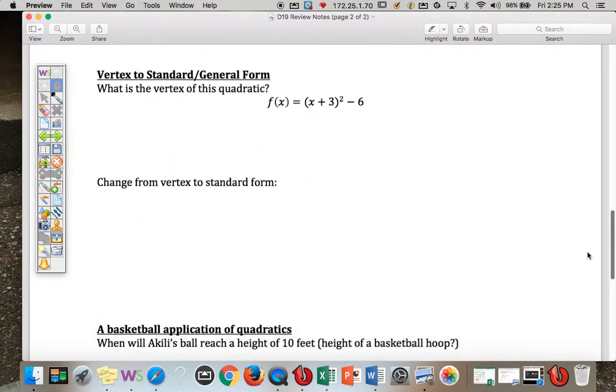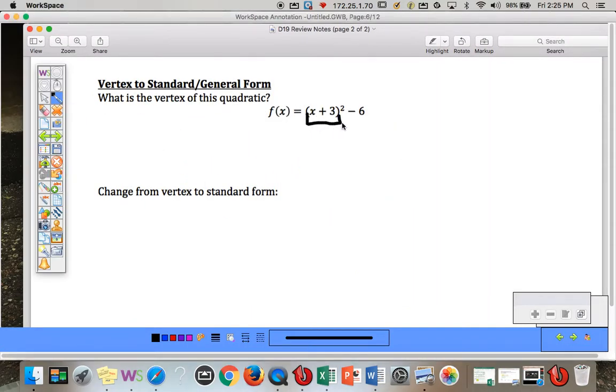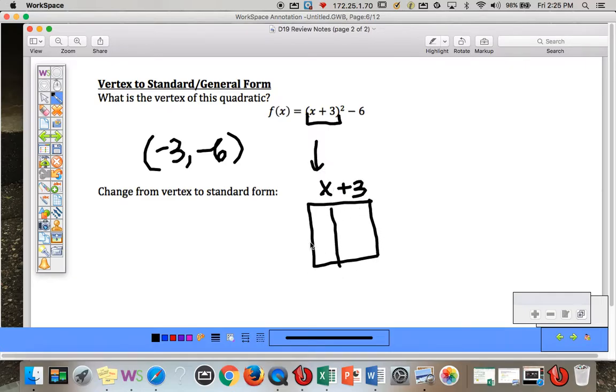Okay, next, can you change from vertex to general form? Order of operations, we're going to multiply this out first. Oh, first of all, what's the vertex? Well, it's the opposite of what's in the parentheses, but the outside stays the same. So here's the vertex. To change it to standard form, first we multiply x plus 3 times x plus 3 and we'll get x squared, 3x, 3x, and 9.